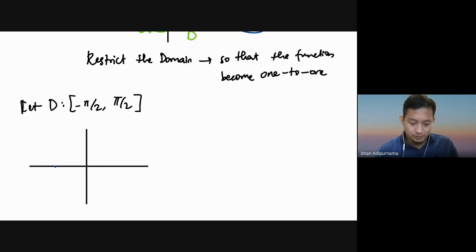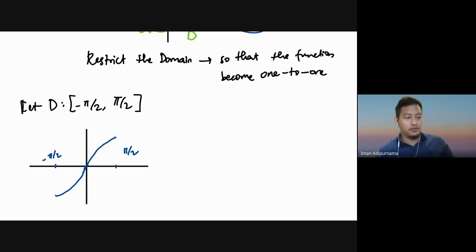Let's say this is negative pi over 2 and this is pi over 2. That's our function now. So we have y equals sine x on the domain negative pi over 2 until pi over 2.